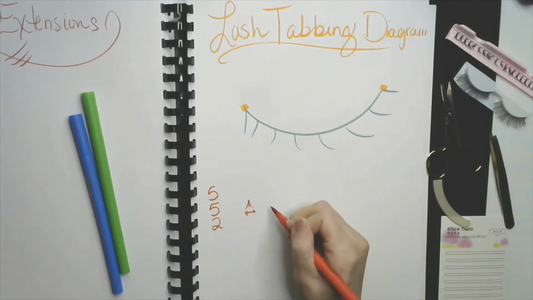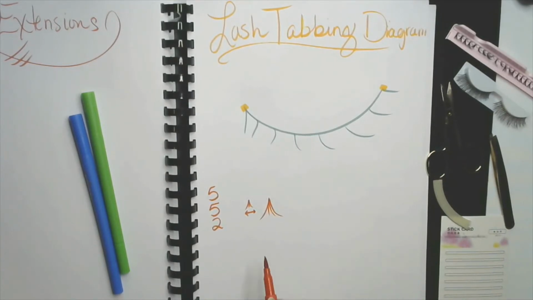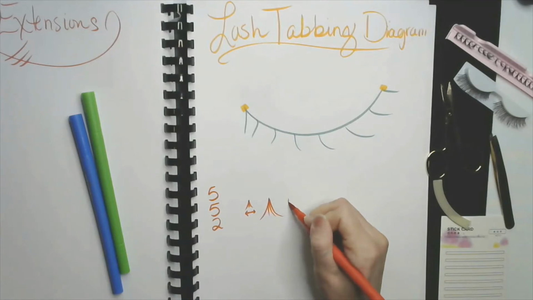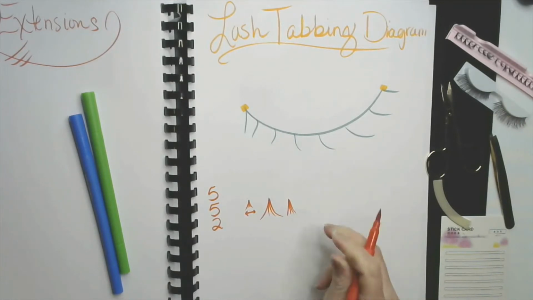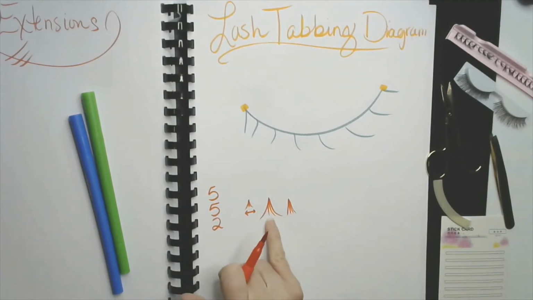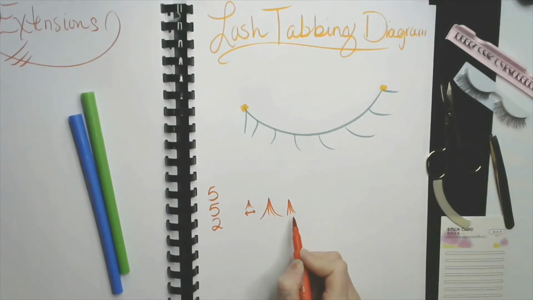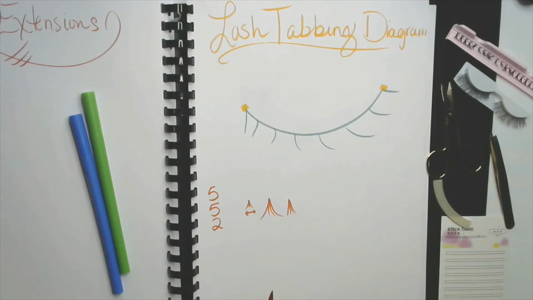Okay, I'll make that a little bit bigger. So again, this is the flare. Some lashes are a little bit more straight and narrow, and some are a little bit more wispy and wide. So the flare is the spacing that you want to keep in mind as we're doing this.